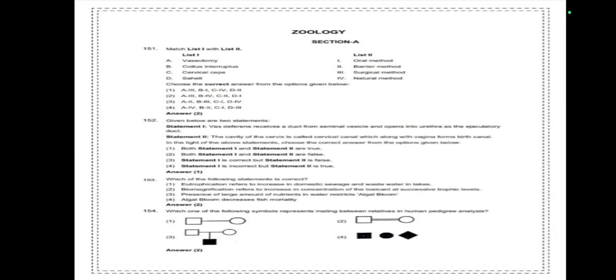Question 153. Which of the following statements is correct? Answer is 2. Biomagnification refers to increase in concentration of the toxicant at successive trophic levels. Question number 154. Which one of the following symbols represents mating between relatives in human pedigree analysis?